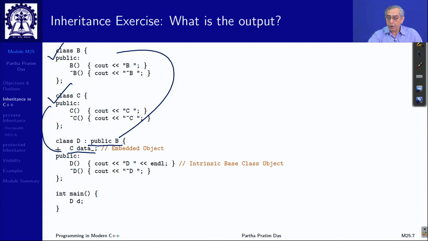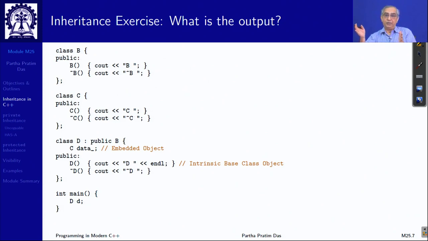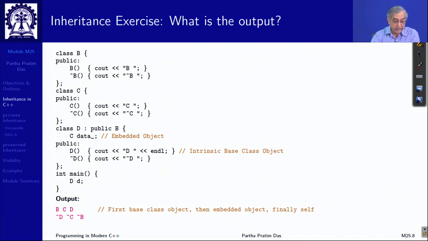I am showing you this because I am going to go forward and contrast it with when public inheritance is something else. The next slide is nothing other than the same example with the actual run output, so you can try it out yourself.